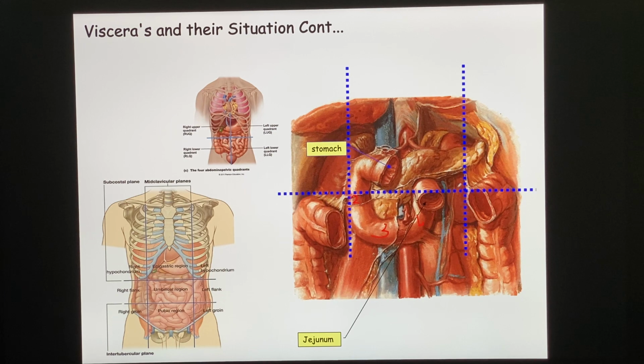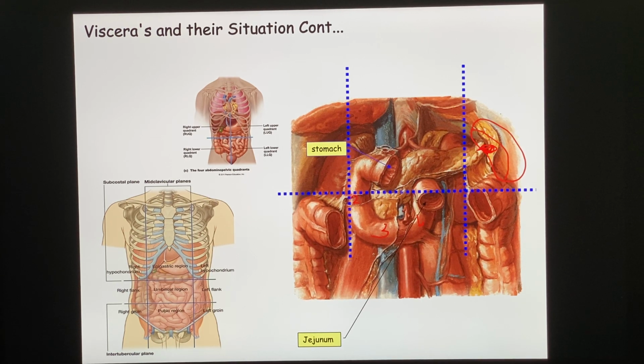What about the pancreas? Let me start with the spleen. Where is the spleen? Ideally, the spleen should be situated here. This is the location for the spleen. Here is the hilum, or the opening, of the spleen. And you can see the pancreas. The tail of the pancreas is heading towards the hilum of the spleen.